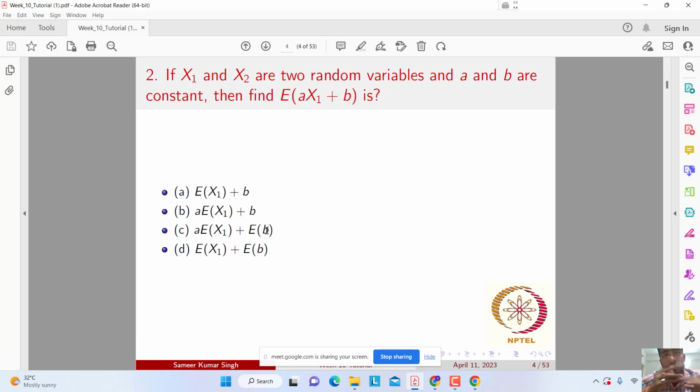The mean of a constant, say 5, 6, 7, whatever, comes out as the constant value. It will not come in the form of E. So is the question clear? Okay, try this.